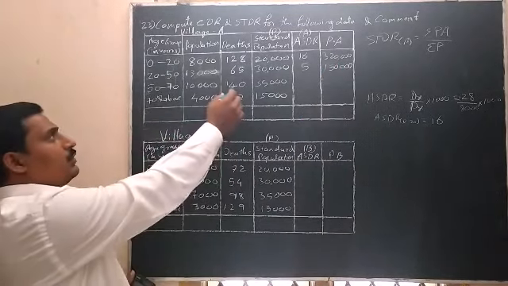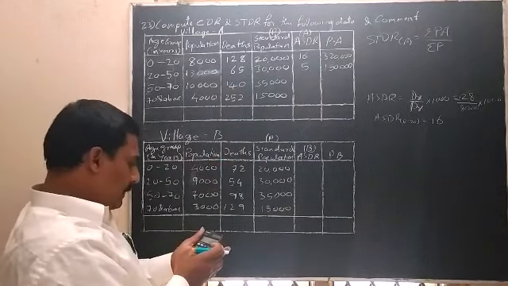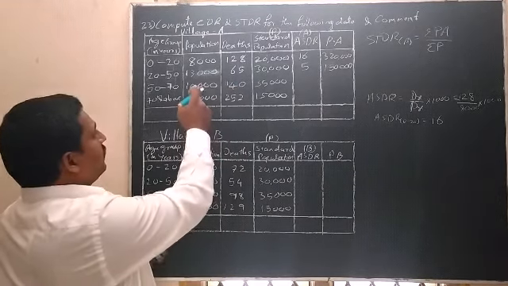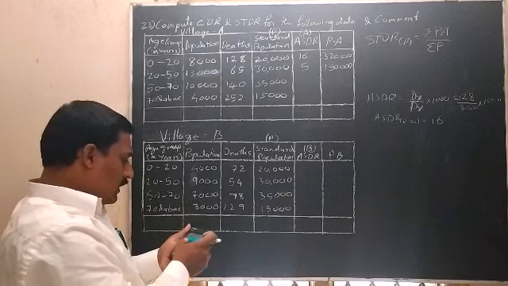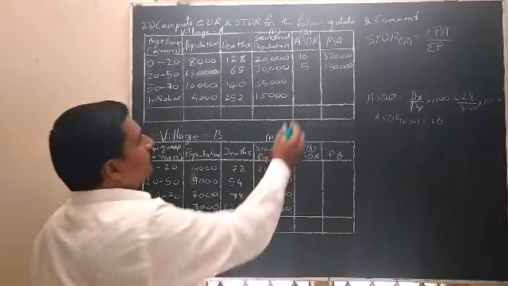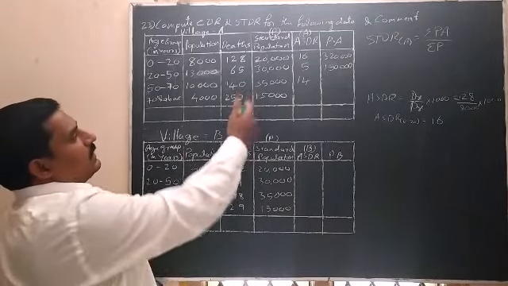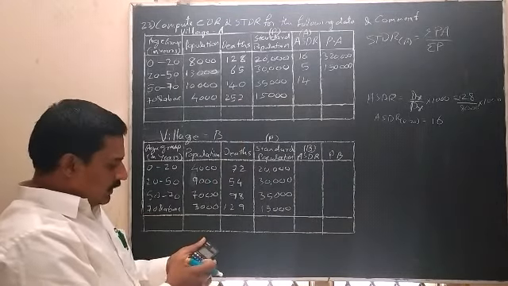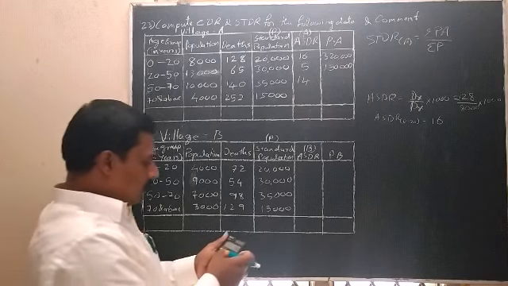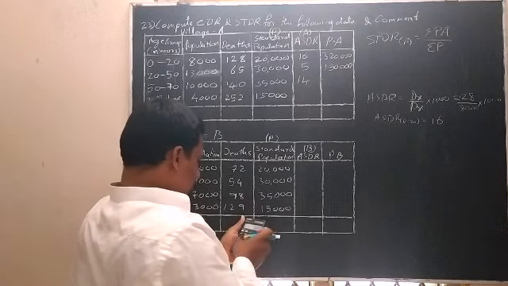For the third age group, deaths are 140 divided by population 10,000 into 1000 is equal to 14, and the standard population is 35,000.